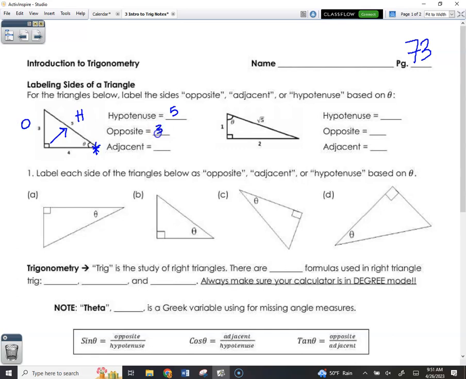If you label hypotenuse first, opposite second, then by default the adjacent, which is the trickiest side for some people for whatever reason, will be the one left over. And to confirm that it is the adjacent, it should touch the angle marked theta. They should be touching. That's what adjacent means. So this is a 4. I want you to do the one to the right.